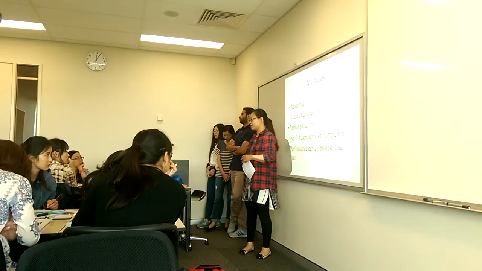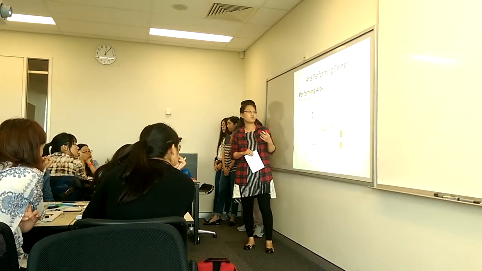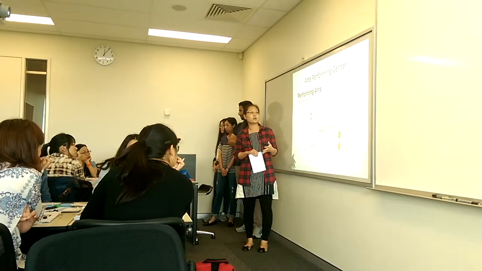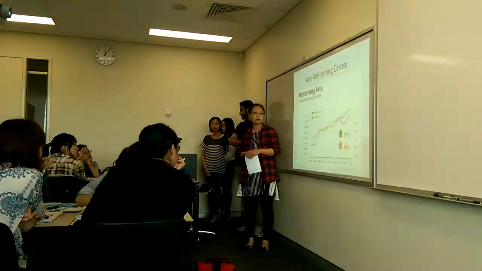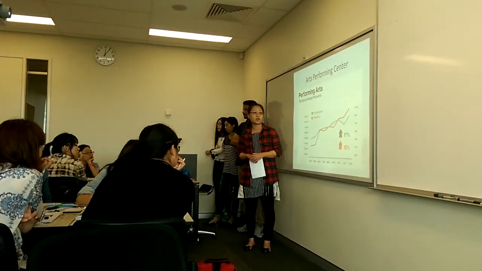And last but not least, I will introduce the most important use of the house. Now let's look at a line chart, please. This line chart illustrates the numbers of performances and attendees of the house from 2004 to 2013.